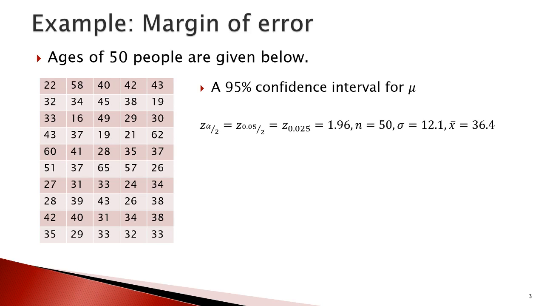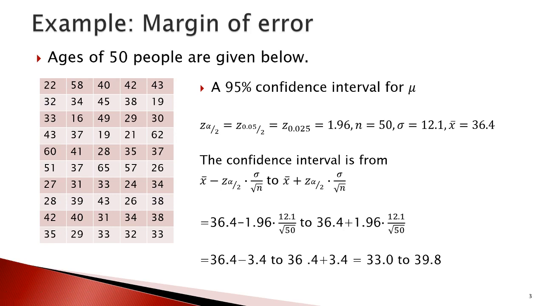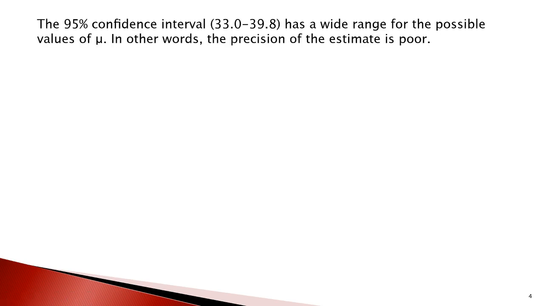We can just plug these values into the formula to find the lower bound and the upper bound and to compute the confidence interval. When we simplify this further, we will get the 95% confidence interval from 33.0 to 39.8.